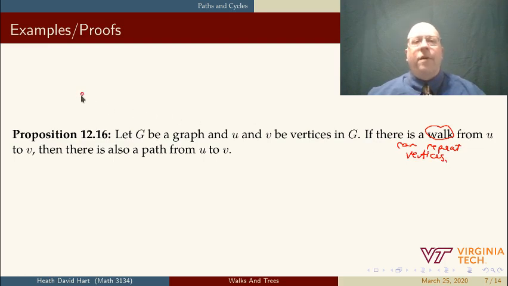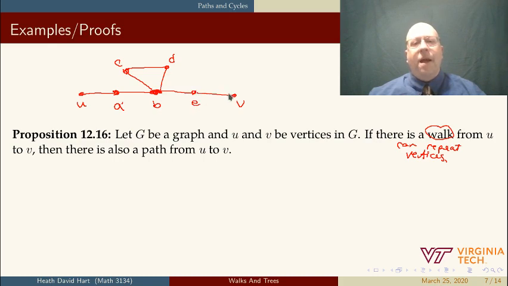For example, if this is U and this is V, and the walk from U to V goes to, let's say, A, then B, then C, then D, then back to B, then E, and then over to V. So that's my walk.